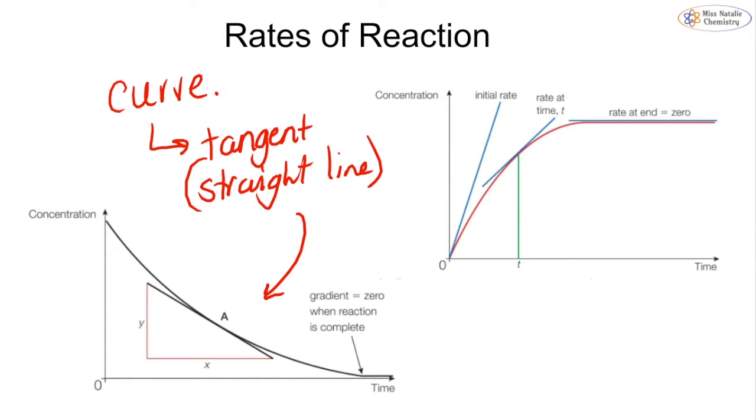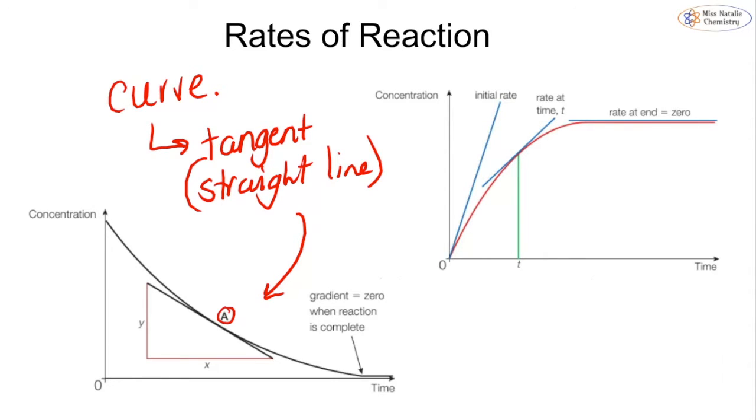So we want to determine the rate of reaction at point A. So what we do is we draw a tangent to the point A, and then we can determine 2 points that will lie on that tangent and use them to determine the gradient of that line in order to determine what the rate of reaction is.